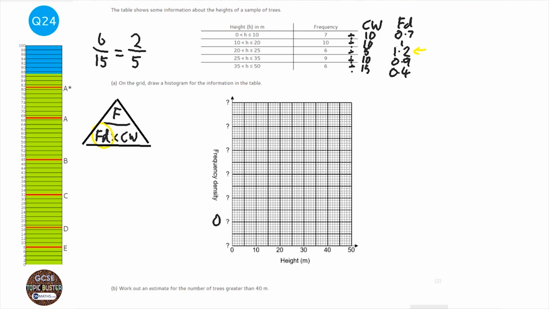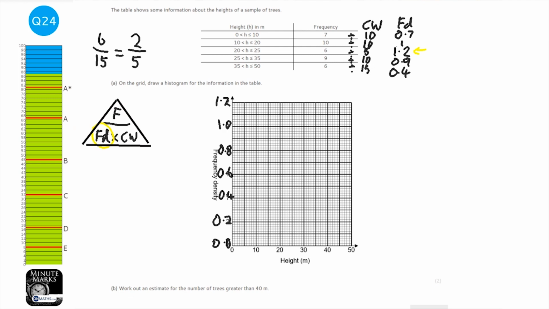So I'm going to go up in 0.2s. 0.4, 0.6, 0.8, 1.0. I'm just going to put 1.0 because it's a bit easier and it looks nicer, and 0.0.